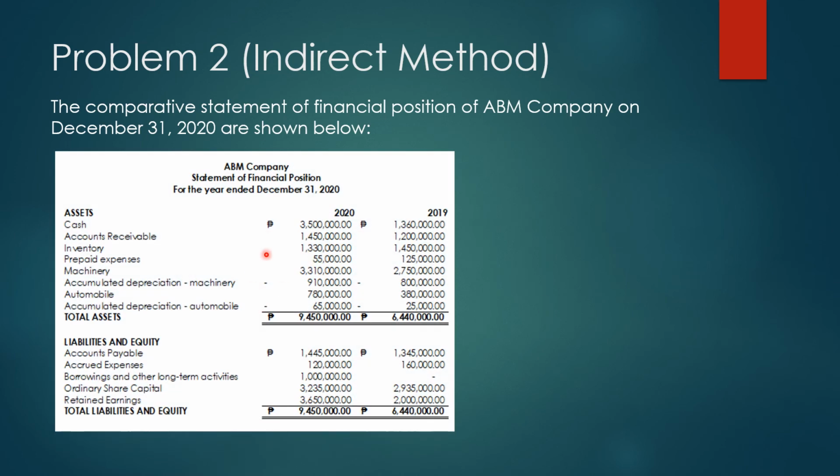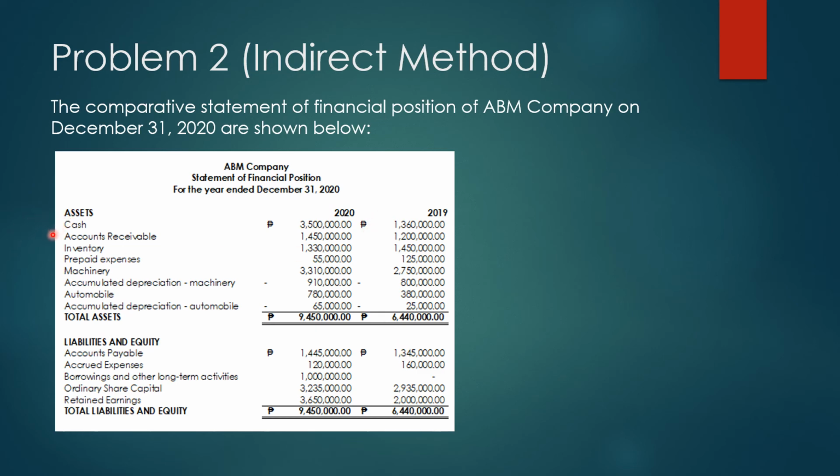This is your financial position or your balance sheet. It says comparative statement. When we say comparative, it should be 2 years; you are comparing 2 years. These are your assets: cash, accounts receivable, inventory, prepaid expense, machinery, accumulated depreciation, automobile, accumulated depreciation. These are your amounts for 2020 and these are for 2019.